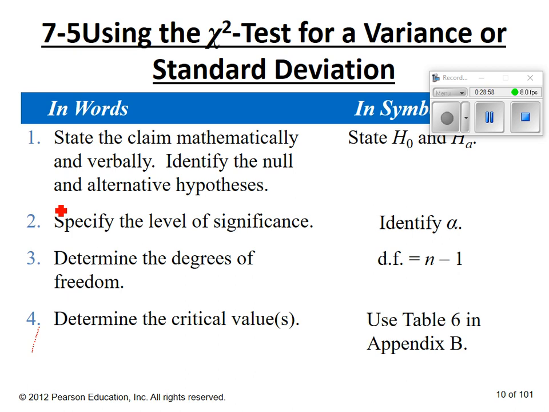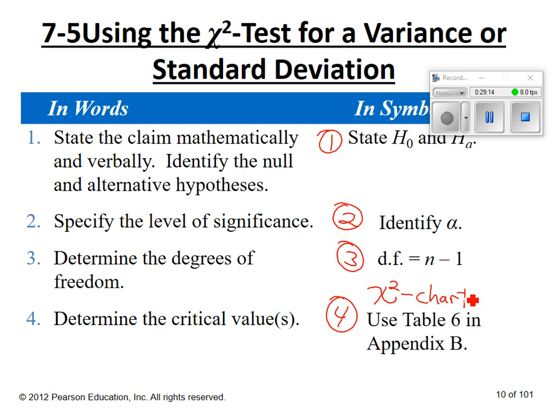7-5, last one. Number 1, state the H0 and HA. Number 2, figure out alpha. Number 3, find your degrees of freedom. Number 4, use table 6. Table 6 was the chi-squared chart, correct? To find your critical values, again, because I know I'm confusing all of you, 4 and 5 are all going to go together.